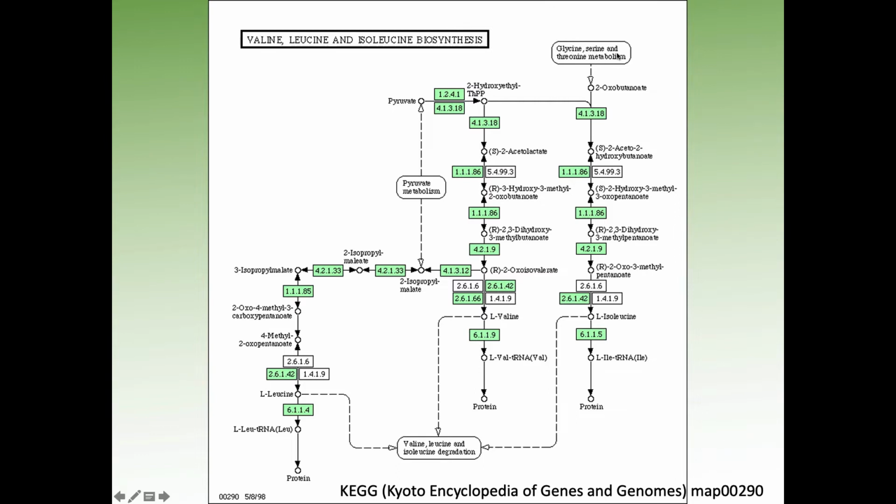We're going to start from glycine, serine, threonine metabolism, and it walks us through the various intermediate metabolites until we get to isoleucine biosynthesis, valine biosynthesis, or leucine biosynthesis, which then leads us to a protein.